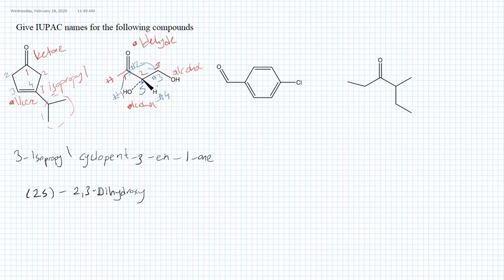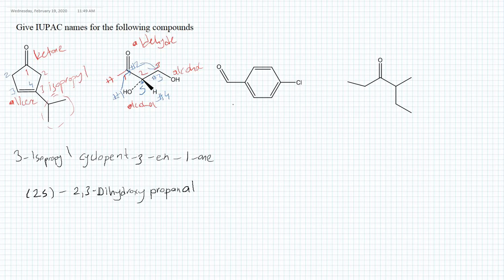This is 1, 2, 3, so it's propane. Propane, the E will drop, then we add the L suffix, propanol. So (2S)-2,3-dihydroxypropanol.